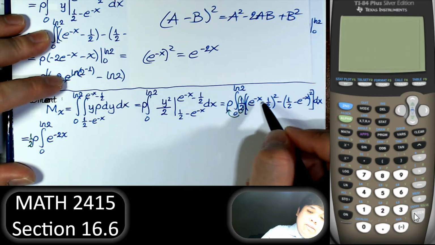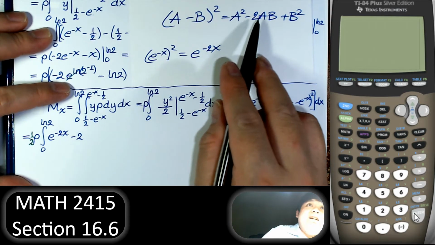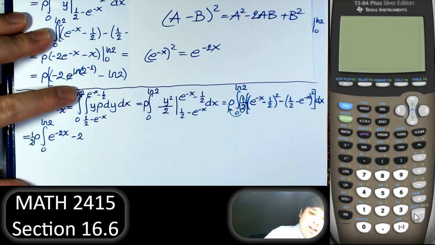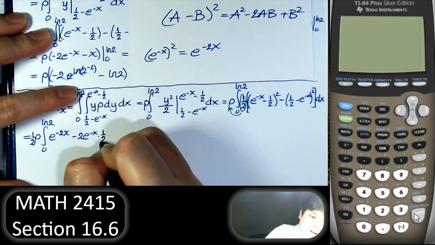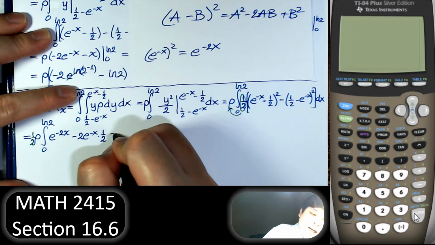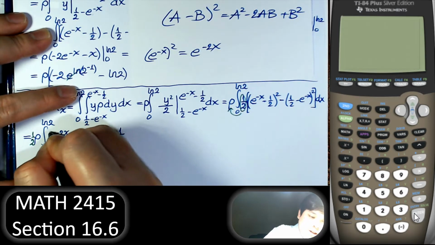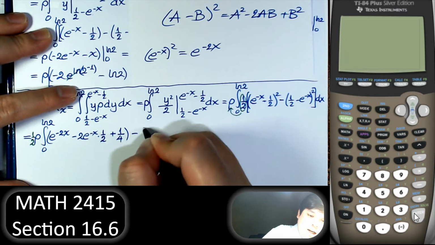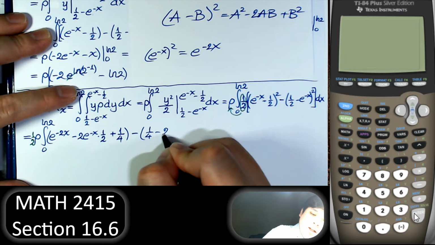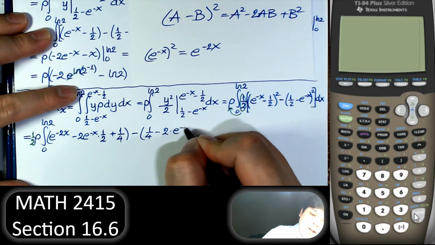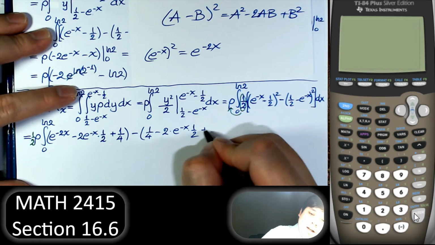And then minus 2ab, those two times together, and then plus b squared, and then subtract a squared minus 2ab plus b squared.